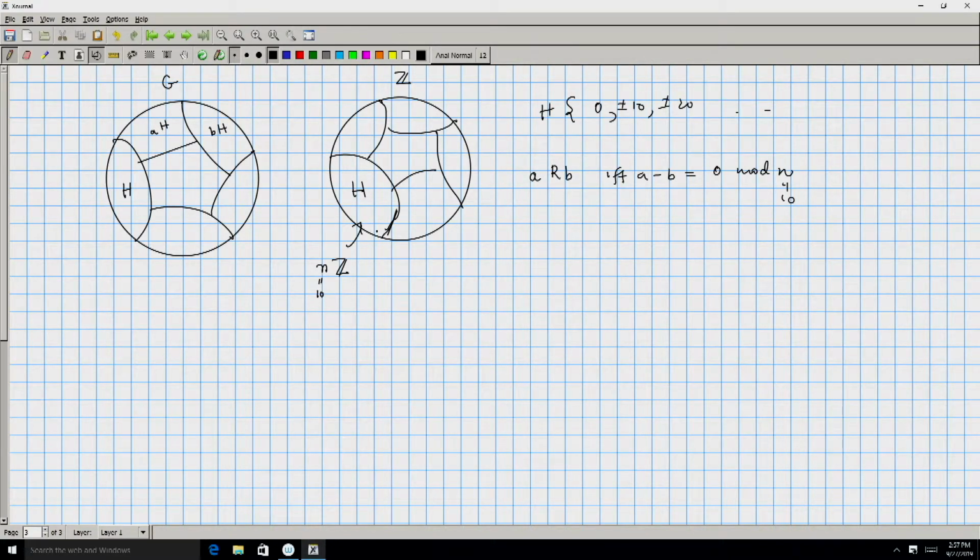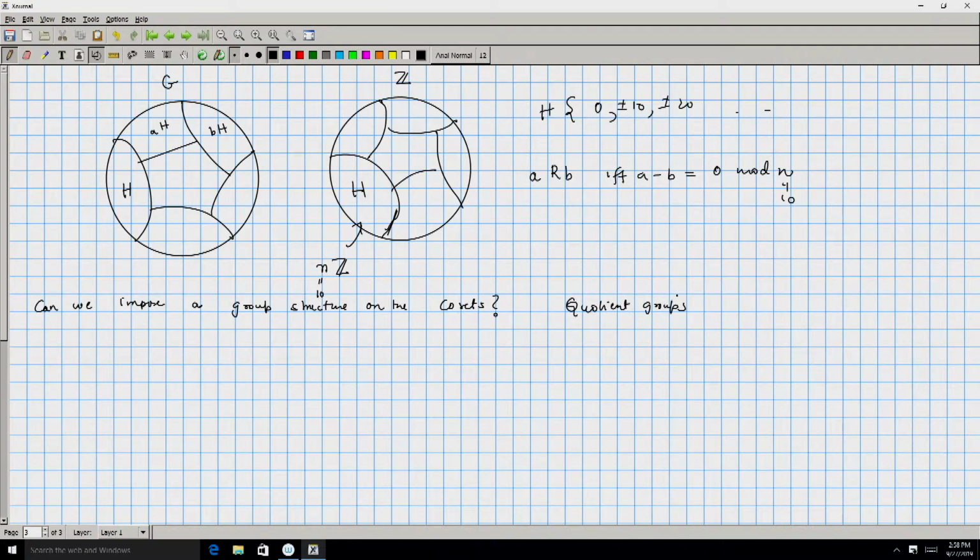When can we really do this? Can we impose a group structure on the cosets? In some cases we can do that, when the underlying subgroup has some nice properties. That is known as the quotient group.